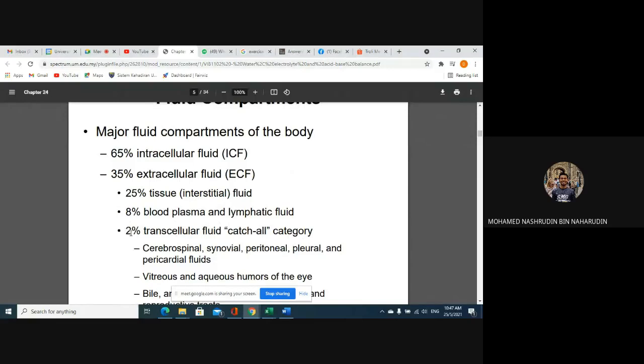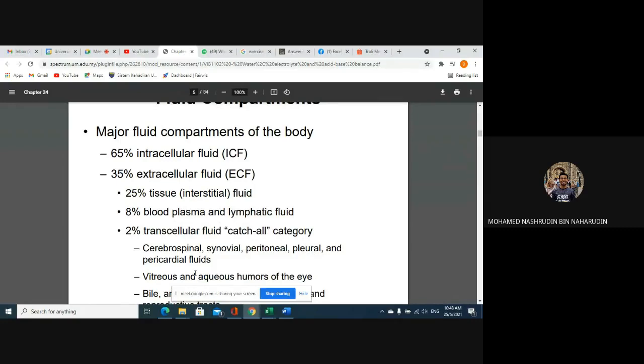Whilst 2% is transcellular fluid, or we call it a catch-all category, which includes the cerebrospinal fluid, fluids of your central nervous system, synovial fluid, fluid of your joints, peritoneal and pleural fluids, fluids in your pleural cavity, and also pericardial fluid.